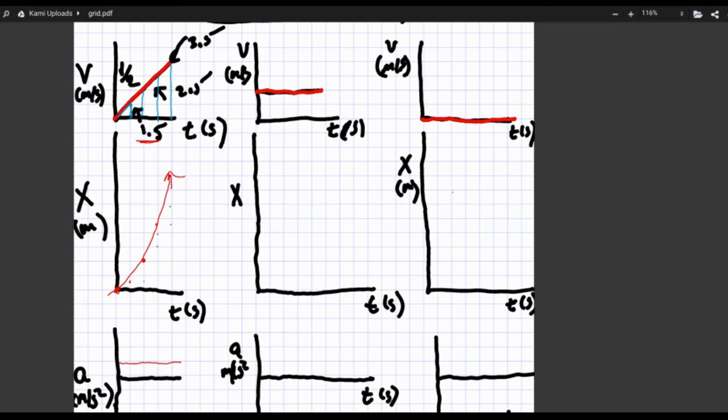When I break it down into individual seconds, I have 2 for the area in each second, which means that, remember, when I'm going from velocity to position taking area, in the first second, my y value changes by 2. In my next second, my y value changes by 2. In my next second, the y value changes by 2. This is going to continue to happen, and so I get a diagonal line.